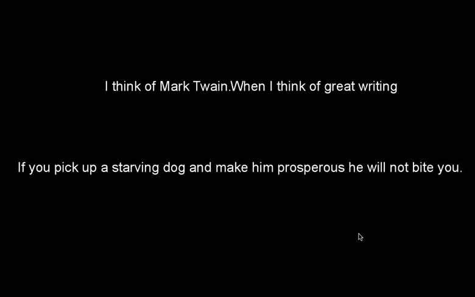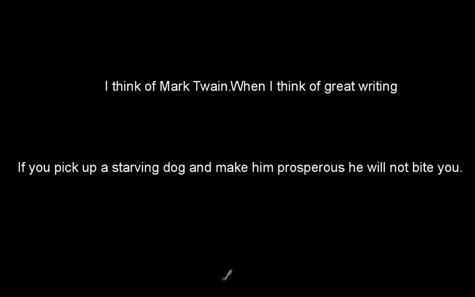This is a sentence from Mark Twain that he's referring to the difference between a starving dog and a starving human. If you pick up a starving dog and make him prosperous, he will not bite you. Now, in this case, I left the comma out on purpose just to see if at home you can figure out where it would go.